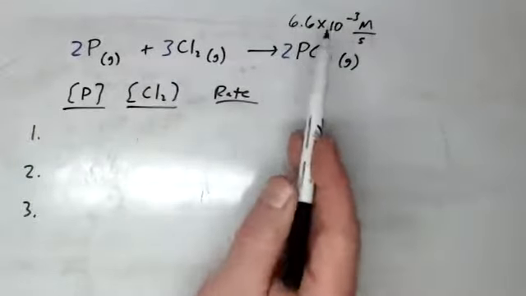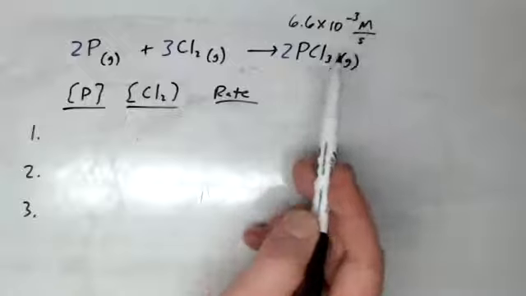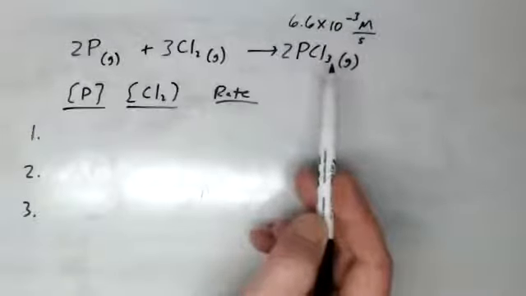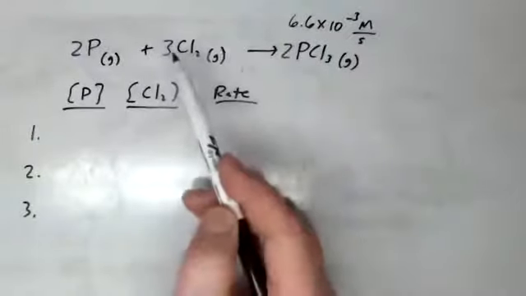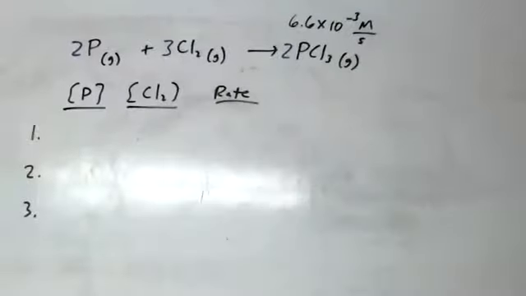So the 6.6 times 10 to the negative 3 molarity per second is the rate of appearance of PCl3. What is the rate of disappearance of Cl2?